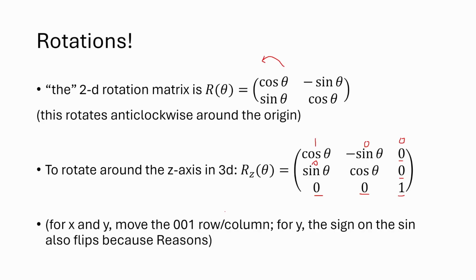Maybe I can. I'm going to try. For the rotation around the y-axis, the matrix is going to have cosine in the top left corner, cosine in the bottom right corner. The top right corner will be positive sine, and the bottom left corner will be negative sine.